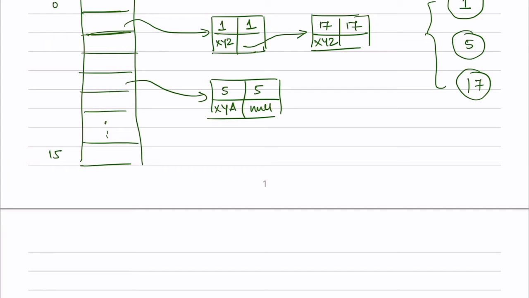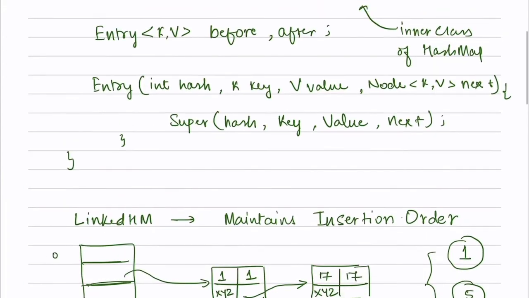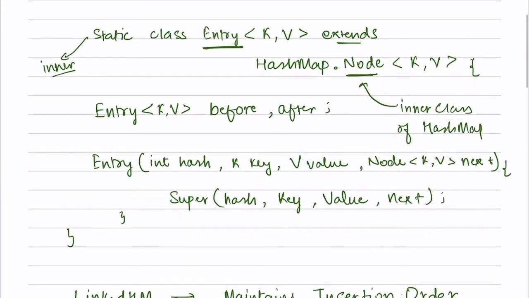So now you might have understood why we have created this particular entry node when we already have this node, right? You can see here that there is before and after of type entry.